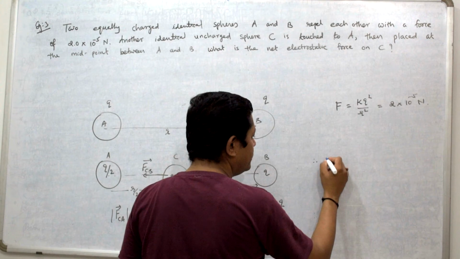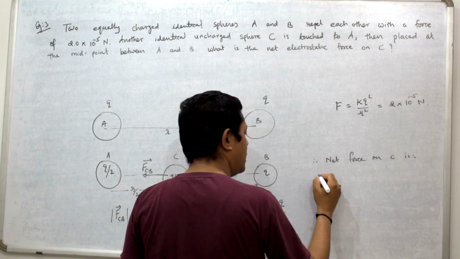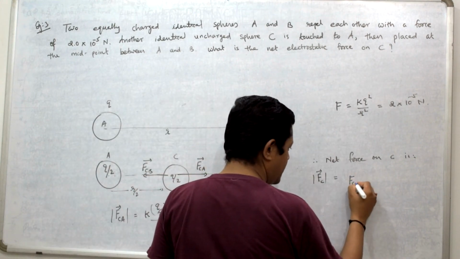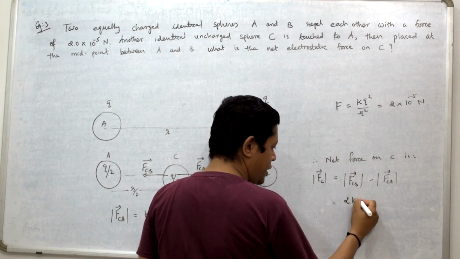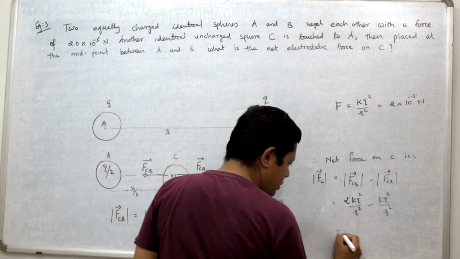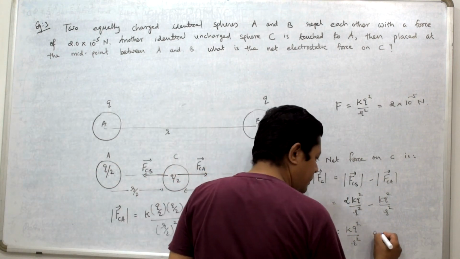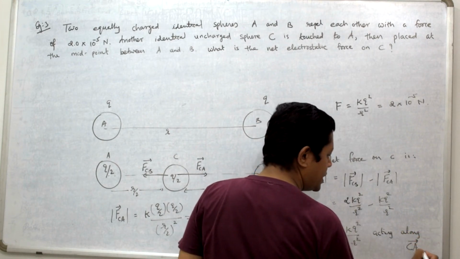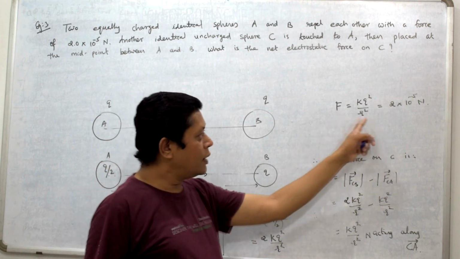The net force on C is F_CB minus F_CA, which is 2KQ square by R square minus KQ square by R square, equal to KQ square by R square, and the direction is from C to A, acting along vector C. As it is a force, the unit is Newton. What was the value of kQ square by R square?